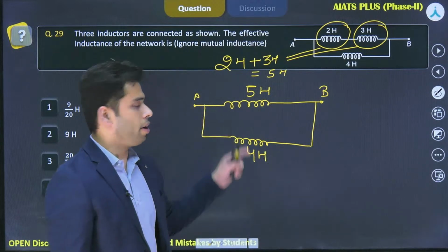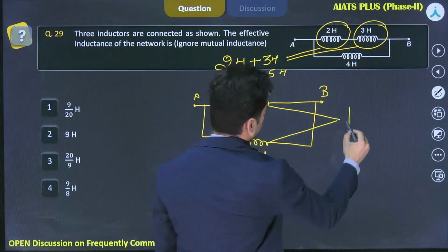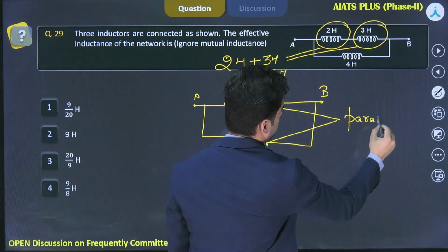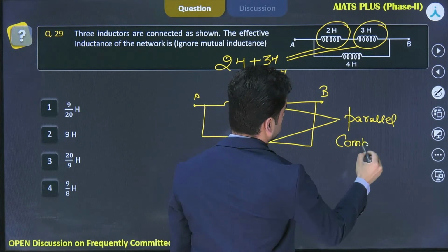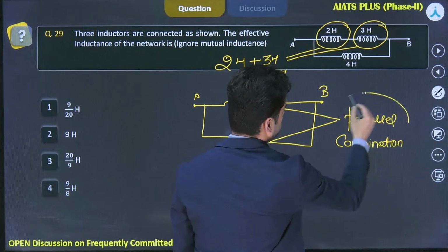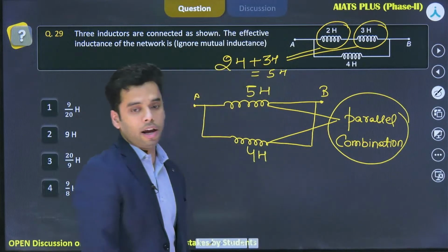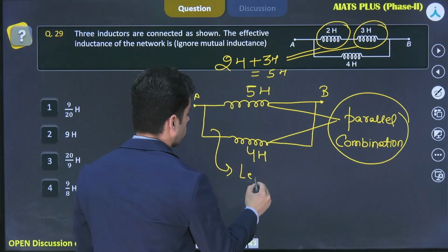Now these two inductors are in parallel combination over here. Right? They are in parallel combination. So what is the L effective value?